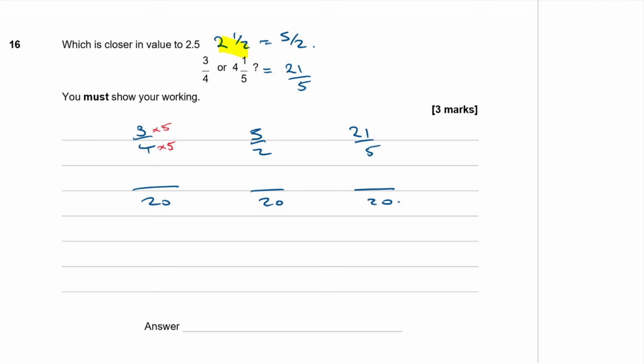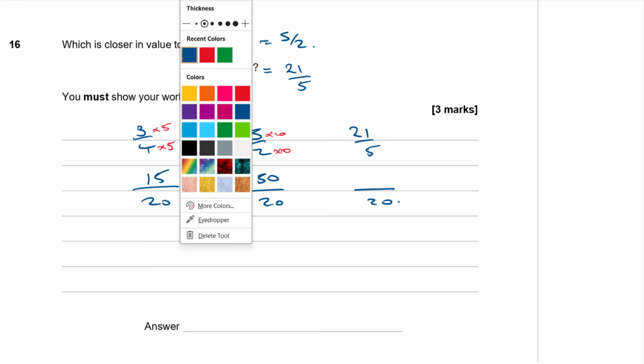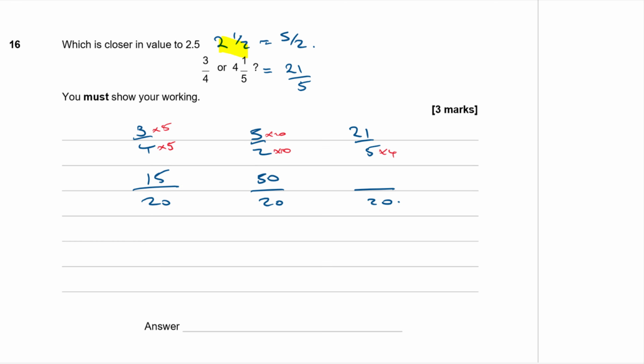I'm going to get 15 over 20. 2 goes into 20 10 times, so times top and bottom by 10. I'm going to get 50 over 20. And then finally 5 goes into 20 4 times, so times top and bottom by 4, that means 21/5 is the same as 84/20.